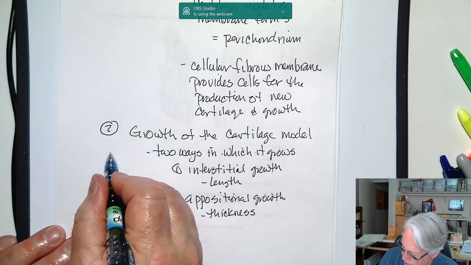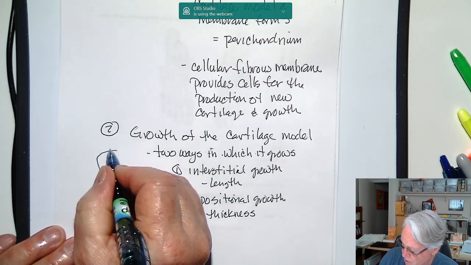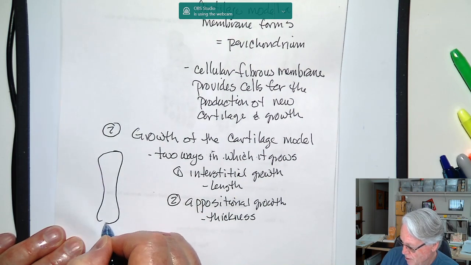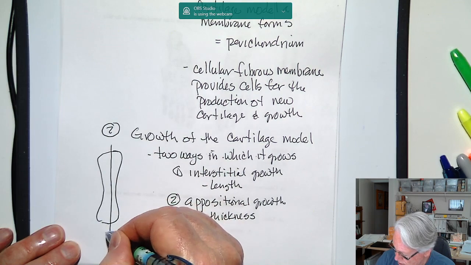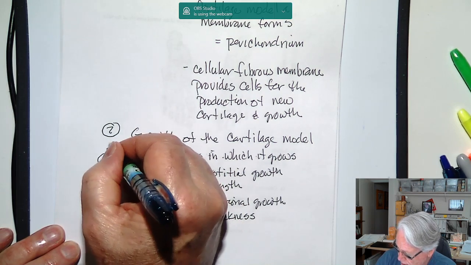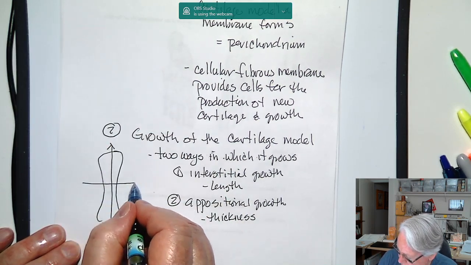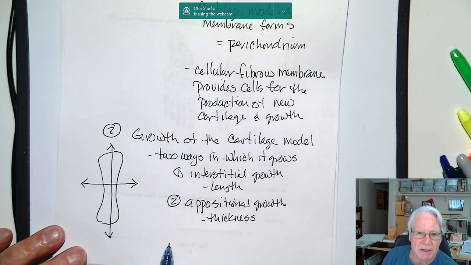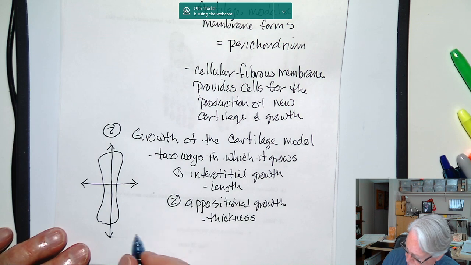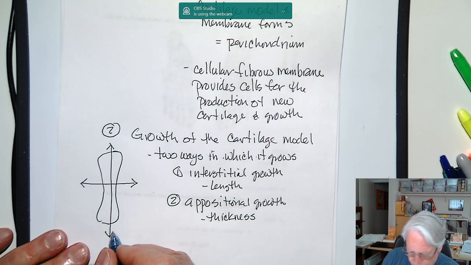So if we were to draw a little model at this point of our bone, looking something like this, we're going to grow in length, and we're going to grow in thickness. And the interstitial growth is growth in length. Okay.